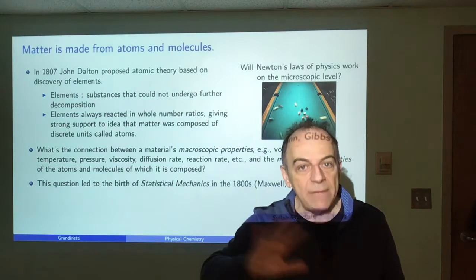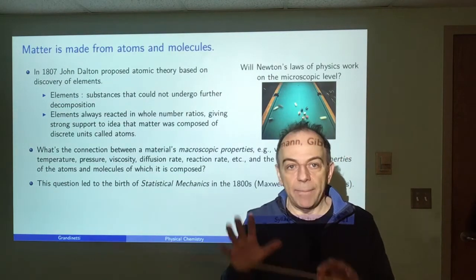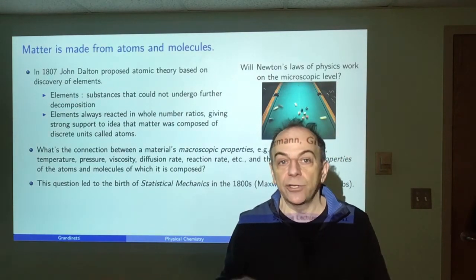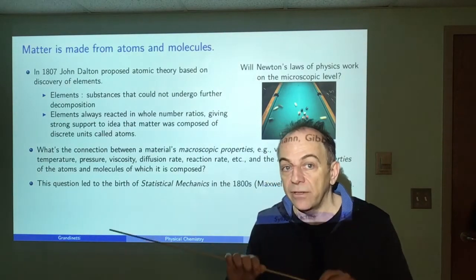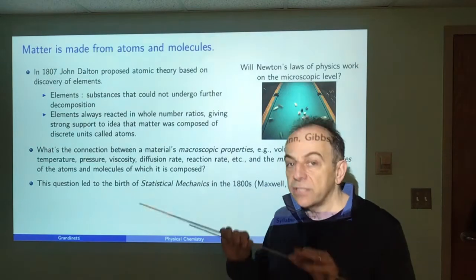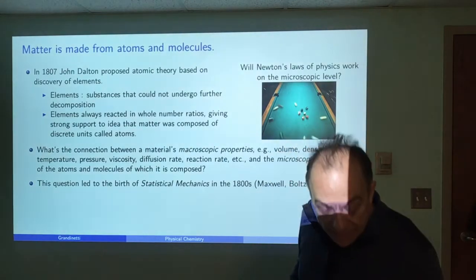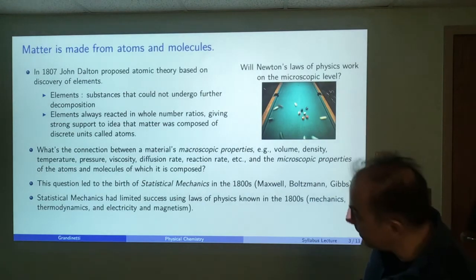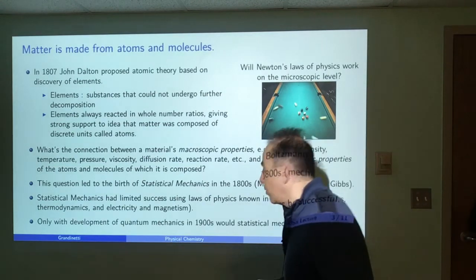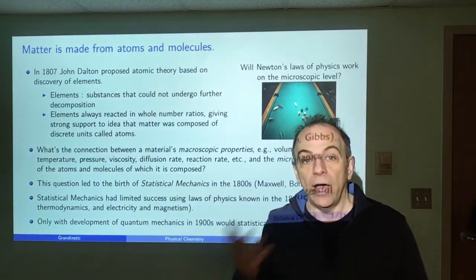They couldn't find any mistake in the way they set up their equations in this statistical mechanics, but for some reason they weren't getting the right answer in all the different situations, just a few of them. And of course, what they were missing was that there was no understanding of quantum mechanics yet.